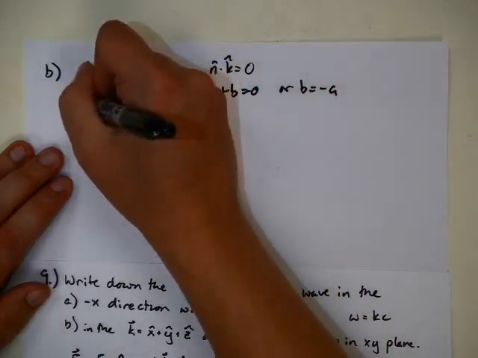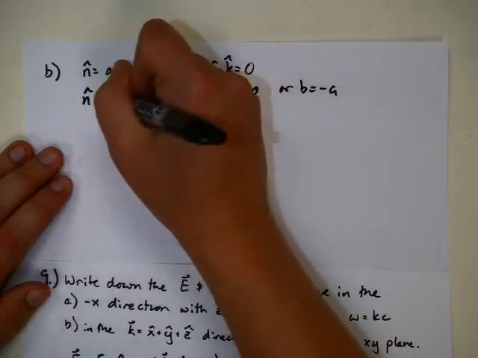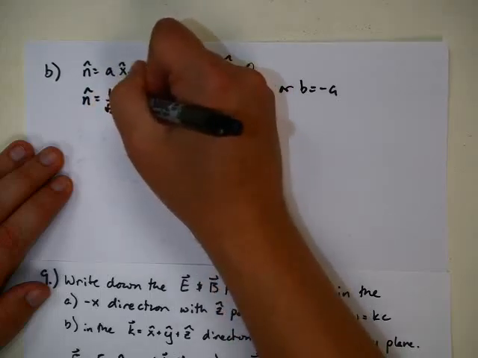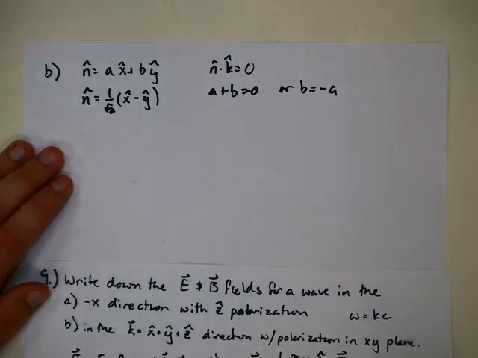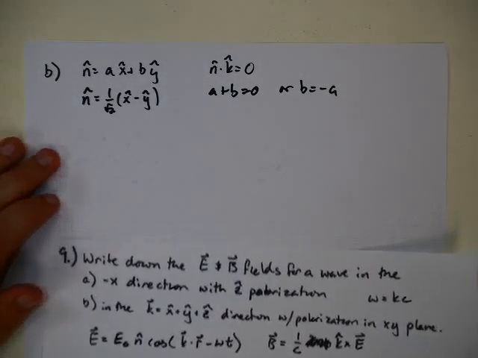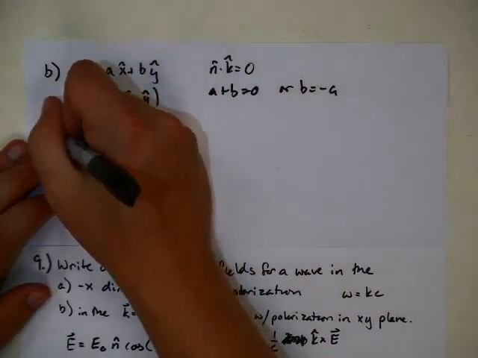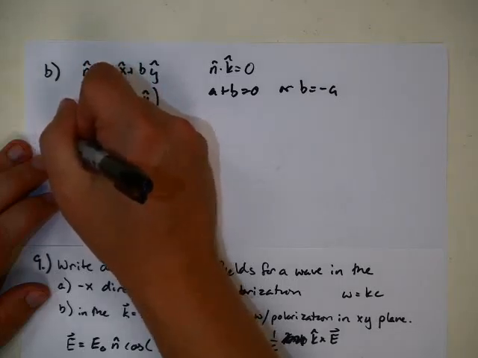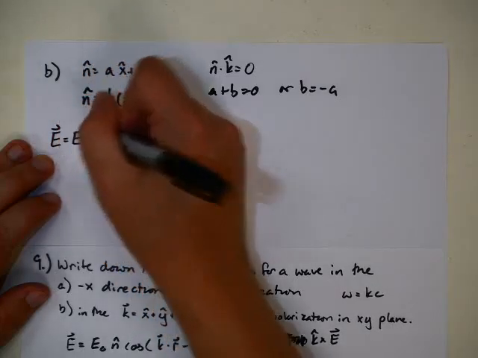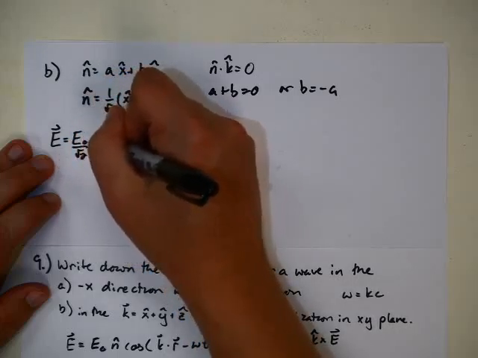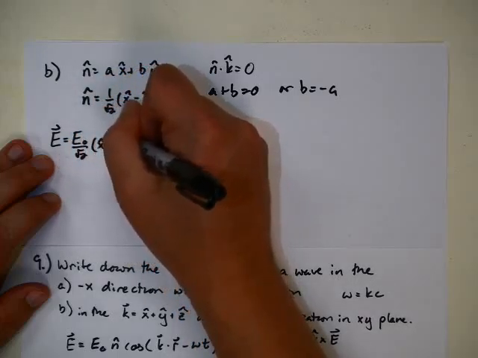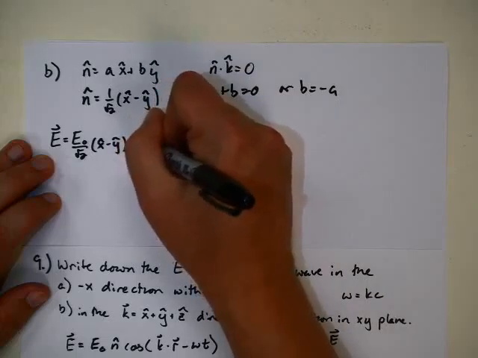Therefore, I can easily write down n hat, if I normalize this, as 1 over root 2 (x hat minus y hat). And so that is going to be n hat for our system. So I can write down E. E is going to be E naught over root 2 (x hat minus y hat) times cosine.